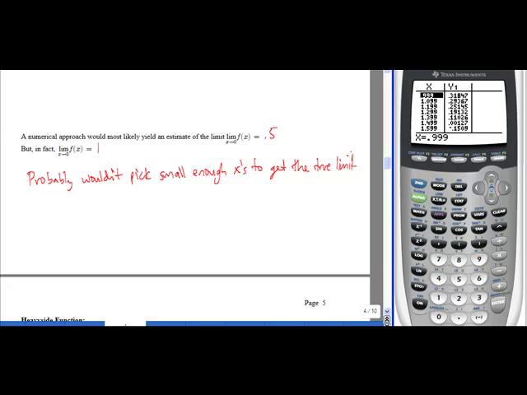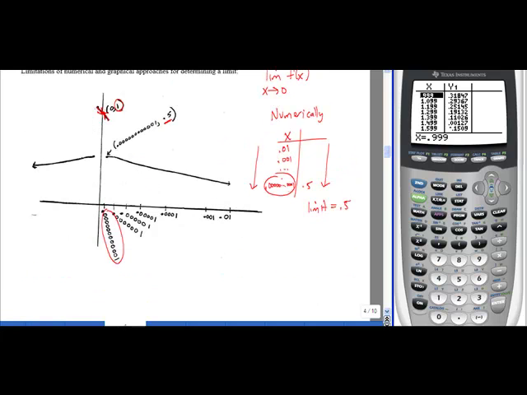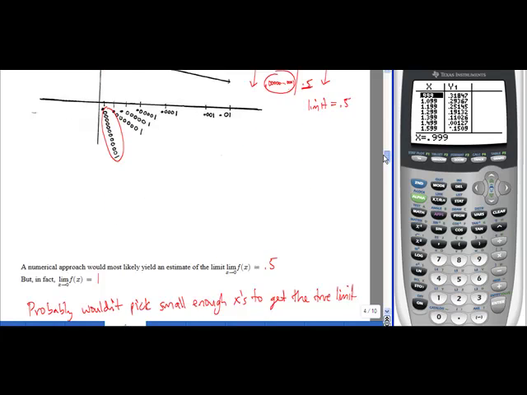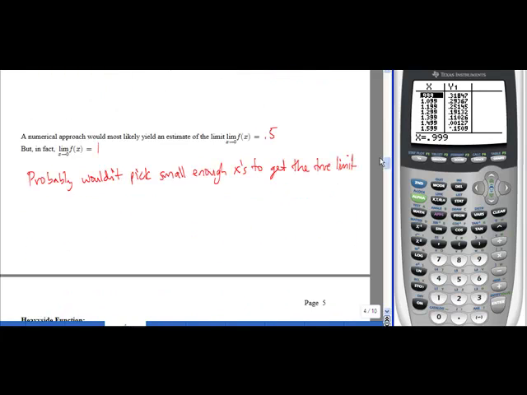I mean, everyone in their right mind probably would say, oh, but this is definitely small enough, so we should be confident that our answer is 0.5. But if we had just picked one more 0 in there, then we would have been on this little stretch of the graph, and we would have indeed gotten an even different y value, so we would have had a different limit. So if we did it numerically using a table, we probably wouldn't have picked small enough x's to get the right limit.